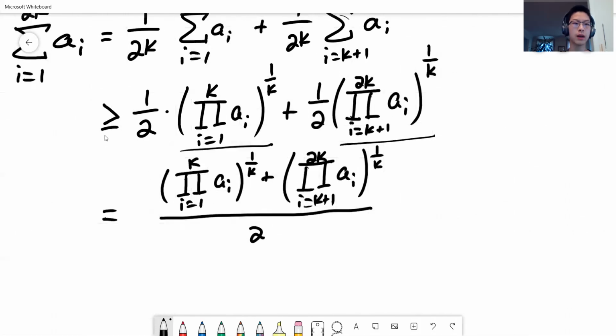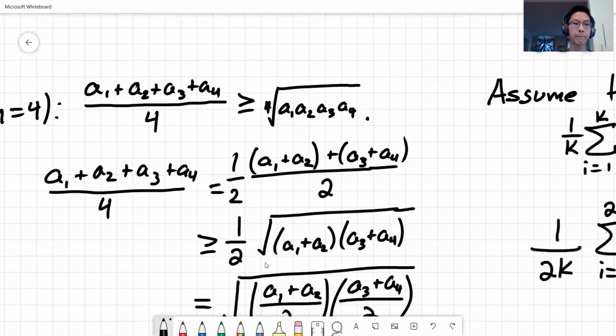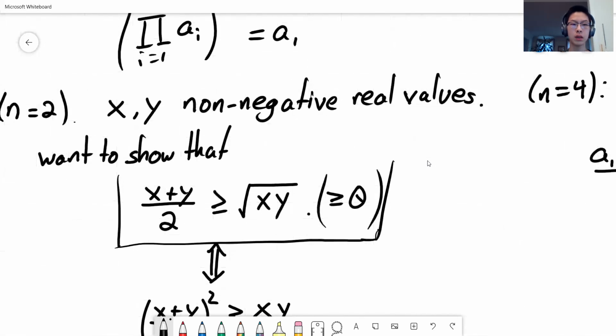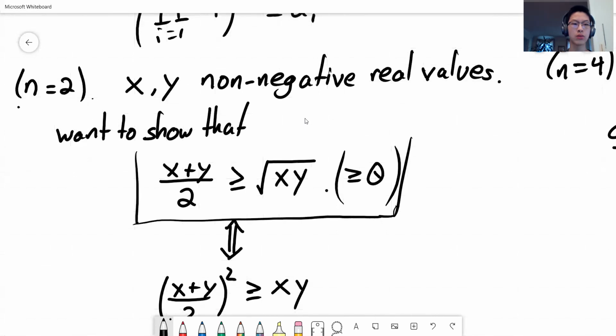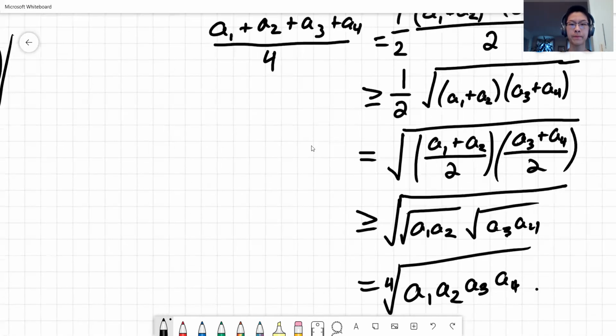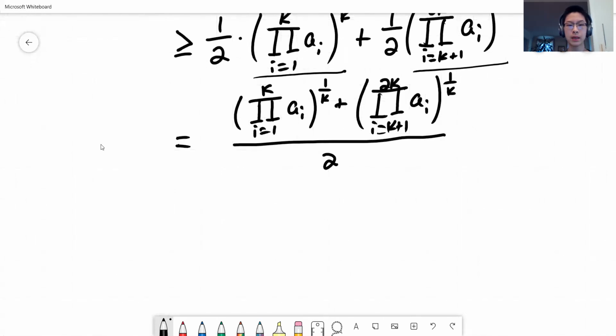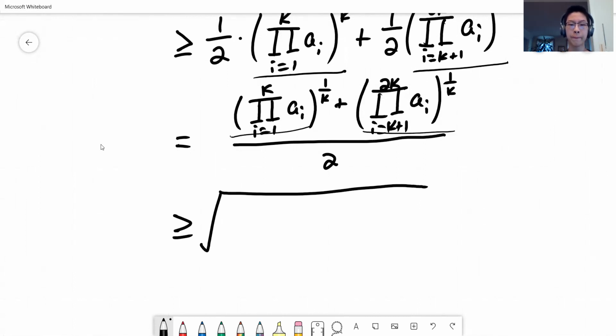And now we can apply our n equals 2 case. So we know that this is greater than or equal to the square root of this thing times this thing.